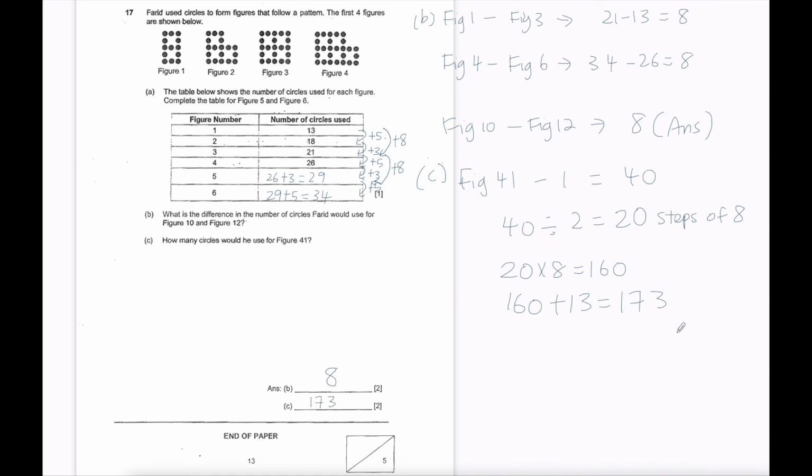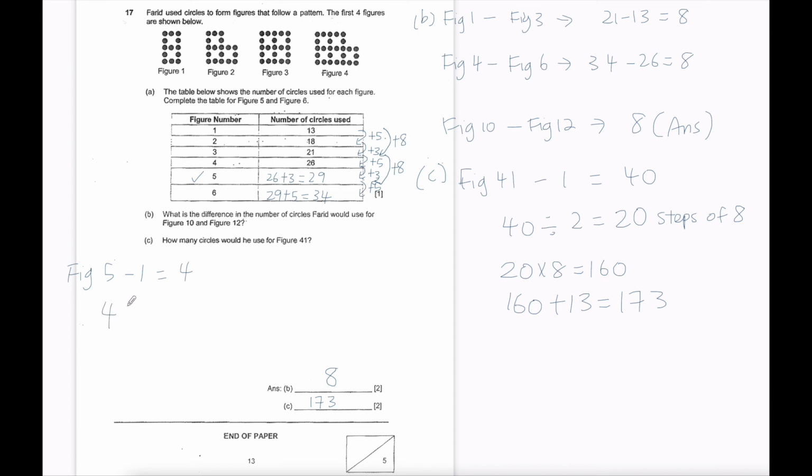And for those of you who really can't see it, maybe I can use another figure number to show you guys. So if you want to find out how many circles there are in figure 5, we can just use this same method also. So from figure 5, I need to minus away 1. So I'm getting 4, right?